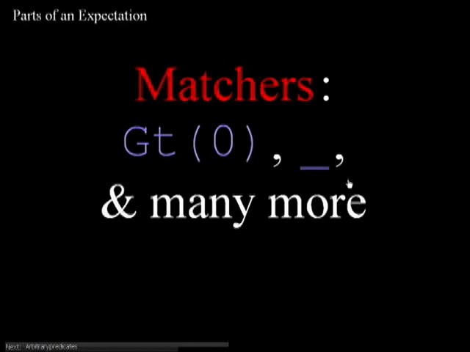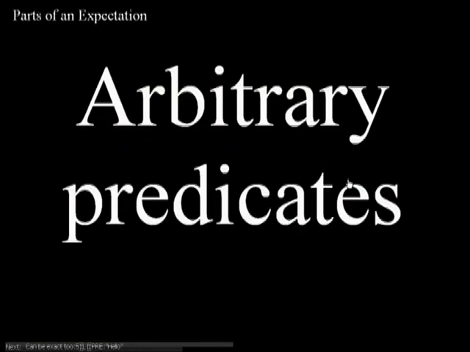What a matcher does is basically tell you whether a certain value is expected. So essentially, it's just a predicate. And indeed, you can use arbitrary predicate logic in a matcher, so the matching logic can be as complex as you want.